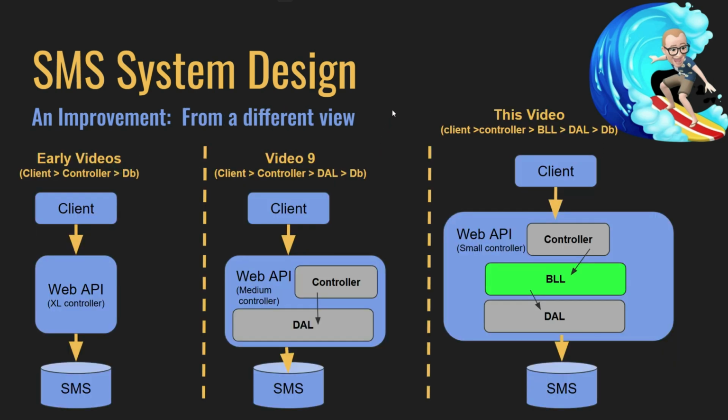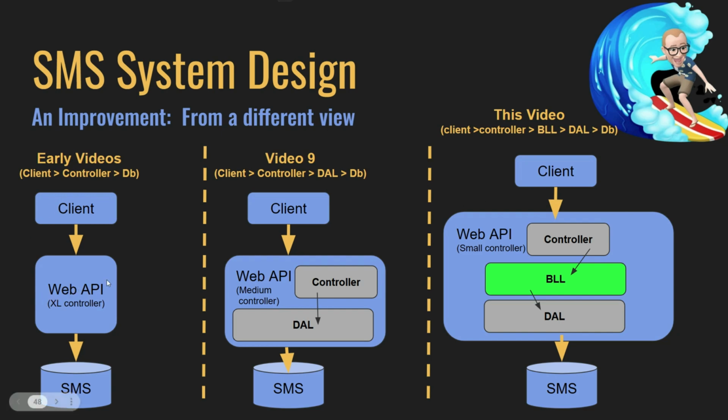And just to finish up, I thought I'd provide a different view of the same sort of diagram really. So if you've been following along throughout this series on Web API, you will know that in our early videos this was the sort of flow that we had. We had an outside client, which in our case at the moment is the Swagger page, that makes a request for some sort of sports management data that hits our Web API.